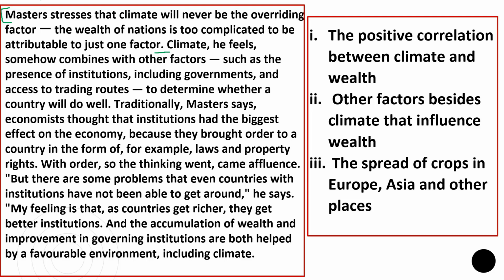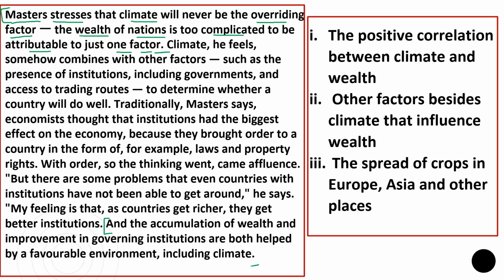Now, let's underline the keywords. Masters is a name, stresses, climate, overriding, factor, wealth, nations, complicated, attributable, one factor. Now let's move to the last sentence here from and till the end.